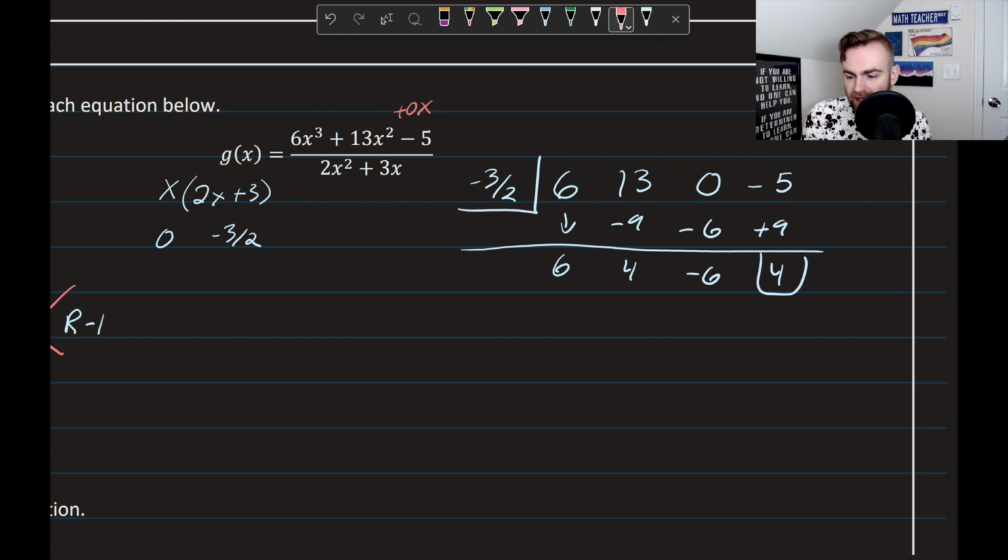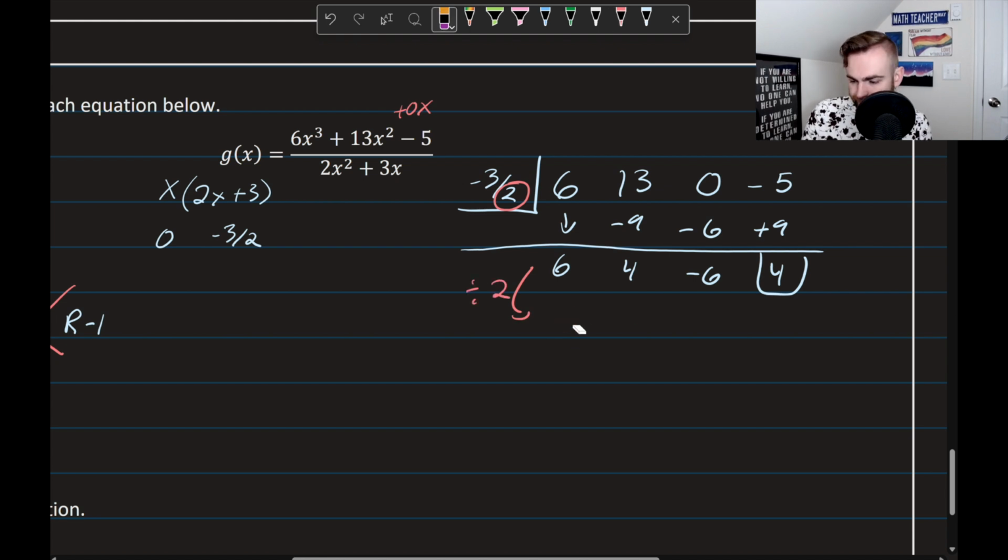Remember we had a denominator here, so we have to divide all of these by our denominator, giving us 3, 2, negative 3, and 2 in a box.